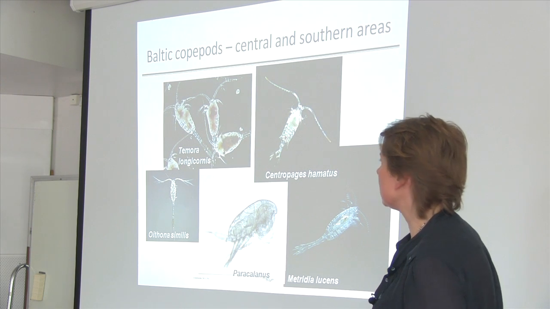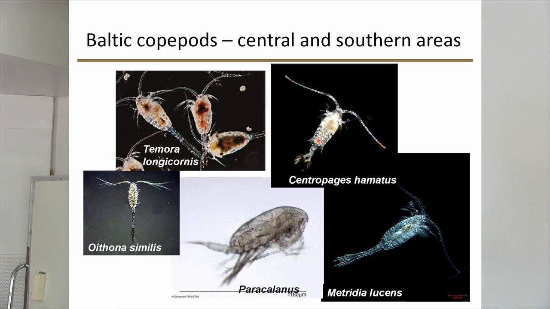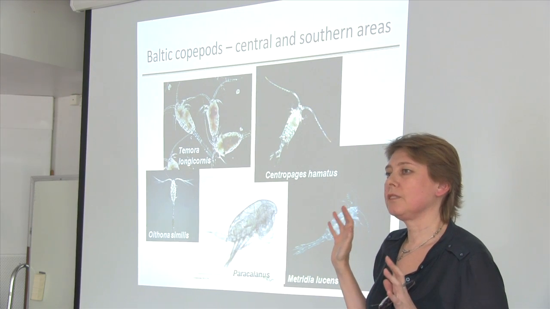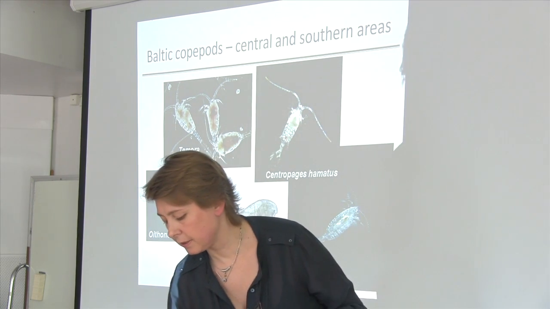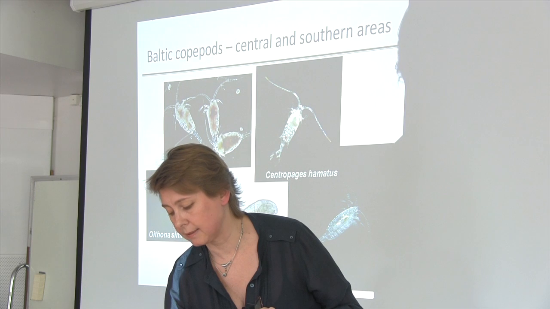Yeah, southern Baltic copepods. Paracalanus, Pseudocalanus, Centropages, Temora, those are usual, and Oithona that I mentioned, it's a cyclopoid copepod in the southern Baltic Sea. So those are the copepods contributing most to the southern communities, Kattegat-Skagerrak community, Bornholm Basin community.